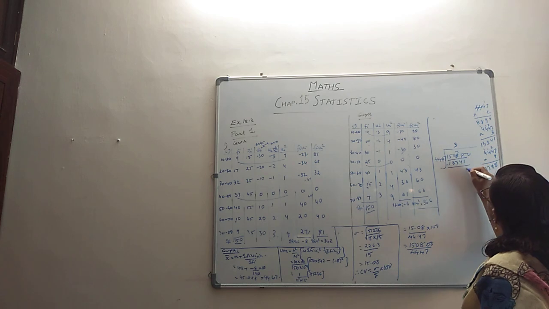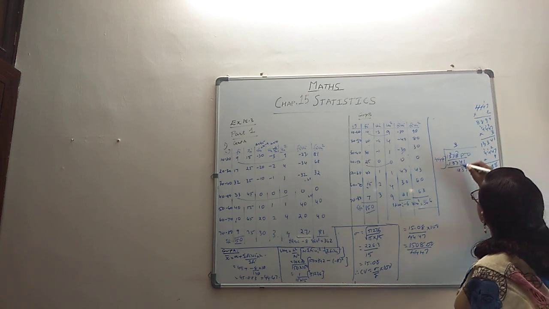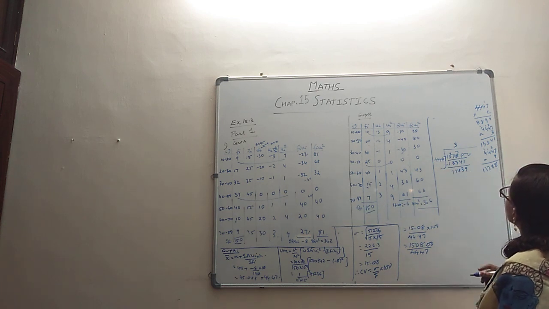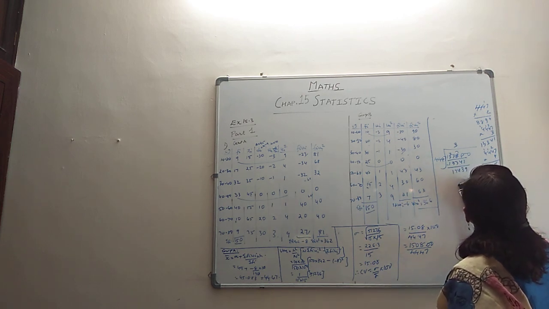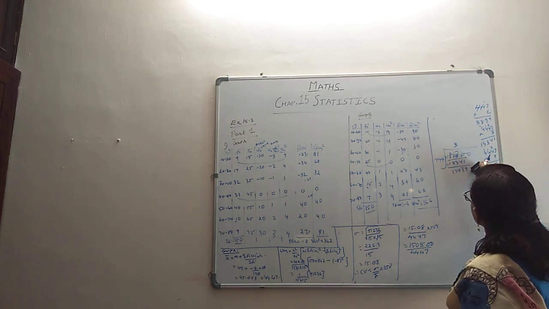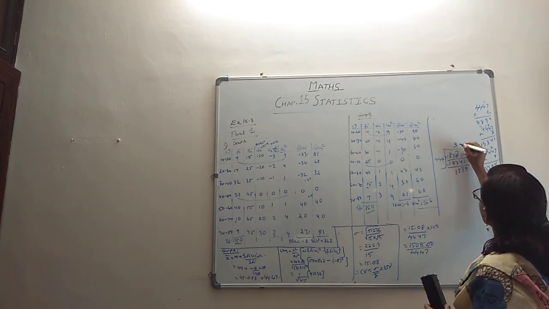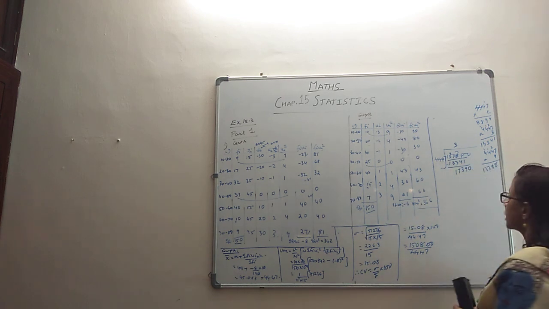When we do the subtraction, 9 3 4, 7 1. This is 7, this is 1. 17390.